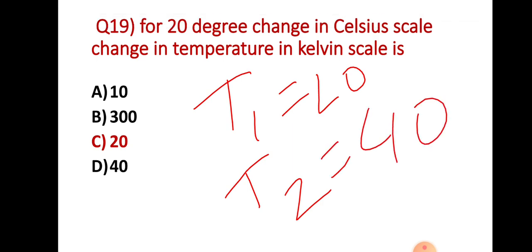If you convert this into Kelvin, you have to add 273 here. 20 plus 273 will give you 293, and 40 plus 273 will give you 313, and by subtracting, the difference between these two Kelvin values will also be 20. So change in temperature will always be same in these two scales.